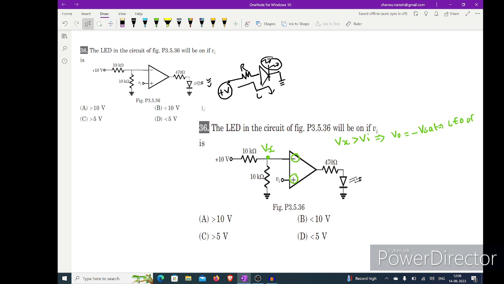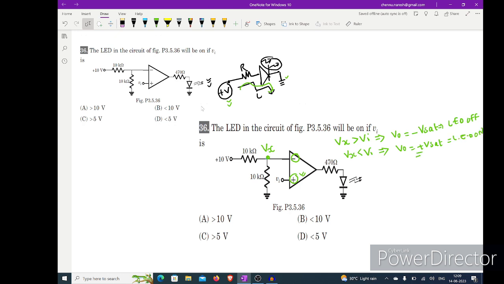Now the next case, when Vx is less than Vi, this means Vi is dominating, so at that time output will be V naught equal to plus Vsat. So as per this condition, if it is positive voltage and ground here, current will pass like this, so here also we get the LED on.